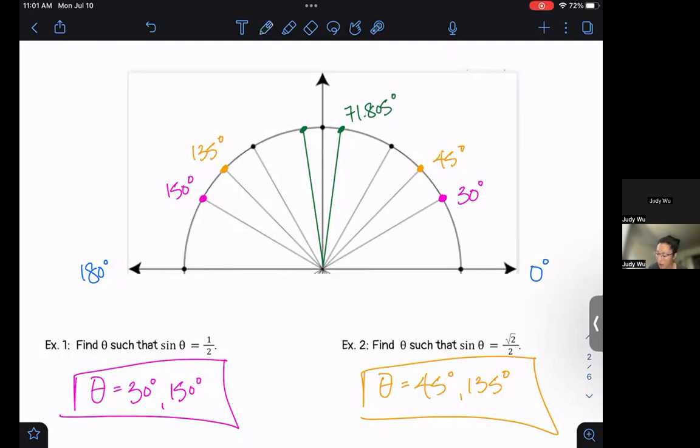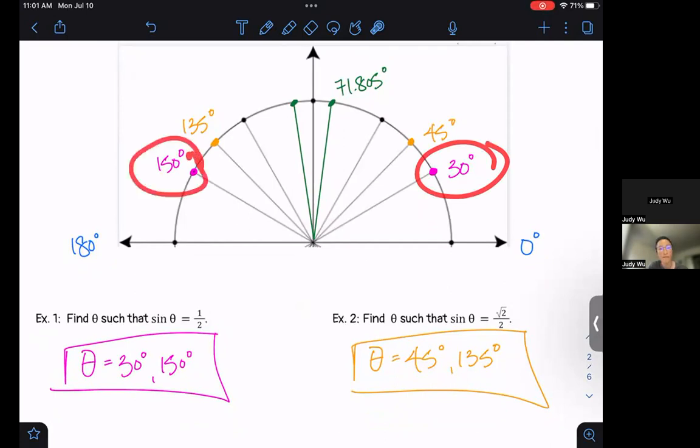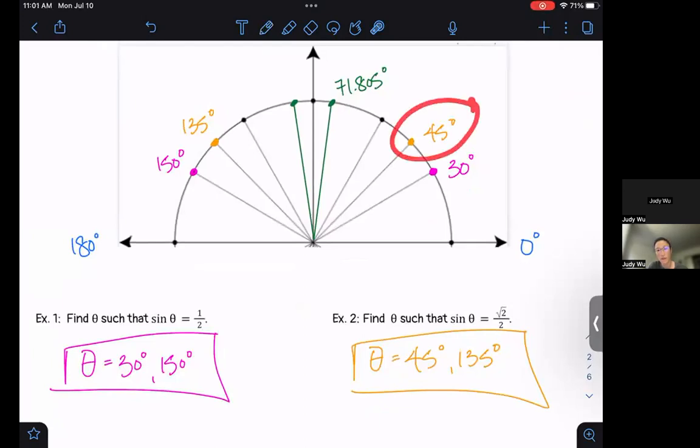Okay, well, how do I find the other angle? Right? Our calculator only gives us one answer. How do I find the other angle? Well, let's think back to this pink one and the orange one, see if we can find a pattern, okay? I noticed that I got the 30 first, but if I do 180 minus 30, I get 150. Okay, does that work with the orange ones? 180 minus 45 is 135.